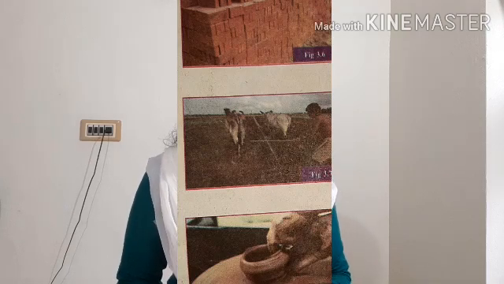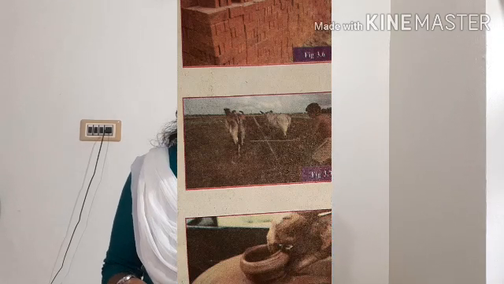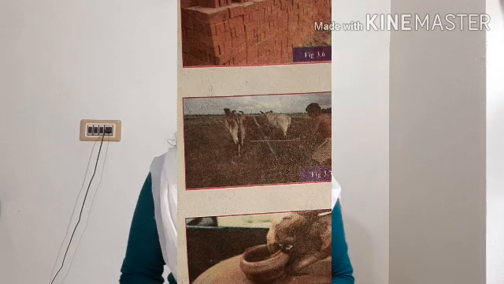For making bricks. In your textbook, different pictures are given related to the uses of soil, for making bricks, pots and tiles. For these different types of purposes we use soil.